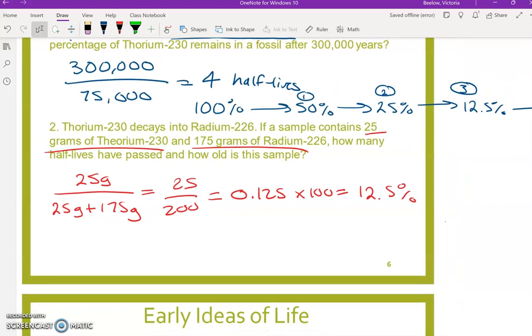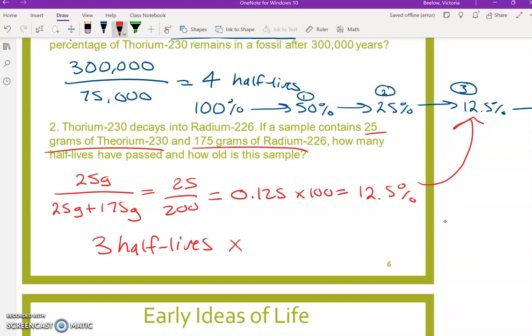Now, if I actually look up here, we already figured that out. 12.5% means 3 half-lives have passed, okay? So that answers one of the questions, but then it's asking how old is the sample?